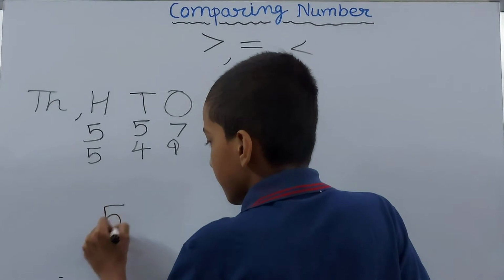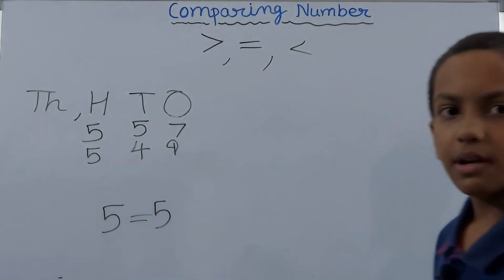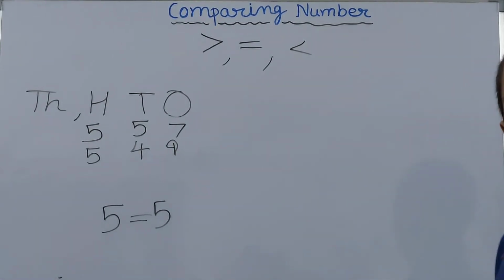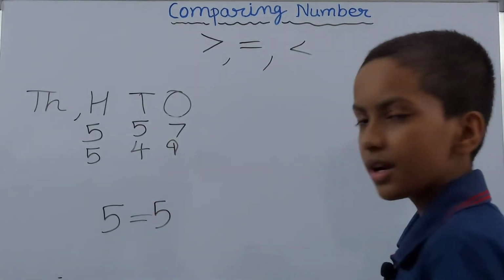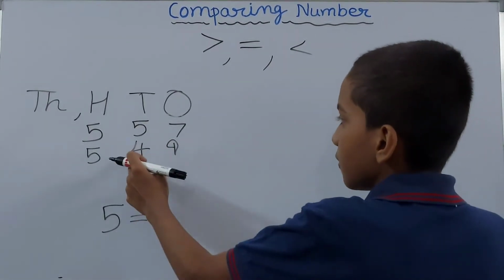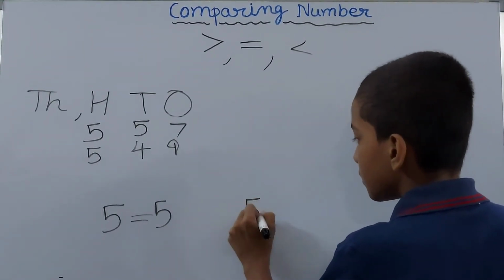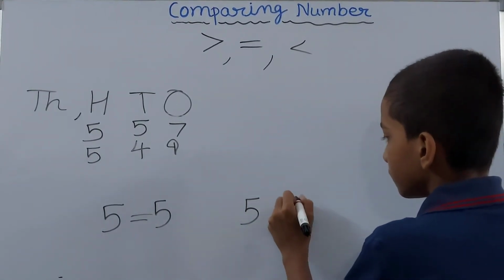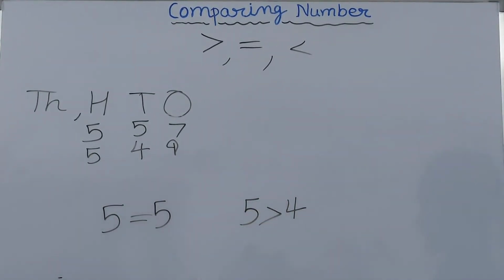When you compare these, both are equal. So when your digits are equal, see the next digits. So this is 5 from 557 and this is 4 from 549. Now compare these two digits. When we compare 5 and 4, 5 is bigger than 4. So we have got the answer.